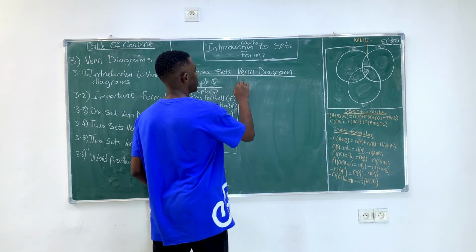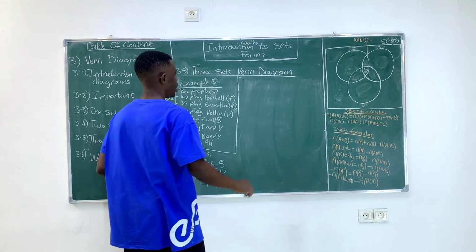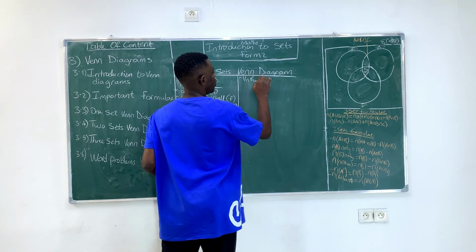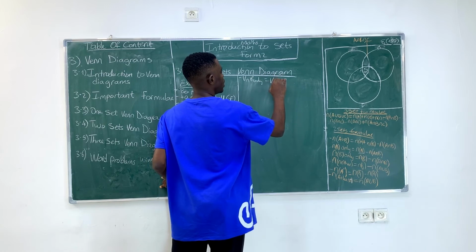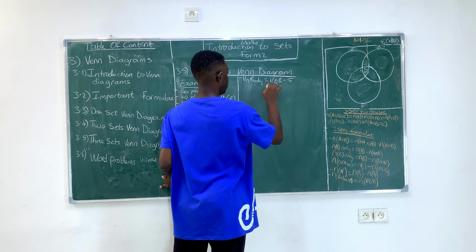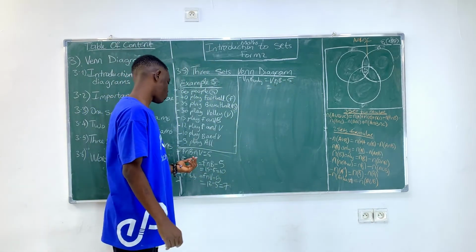Now, I'm looking for volleyball and basketball only. That is volleyball intersection basketball minus 5. We're always subtracting the 5 because the 5 is the general intersection.